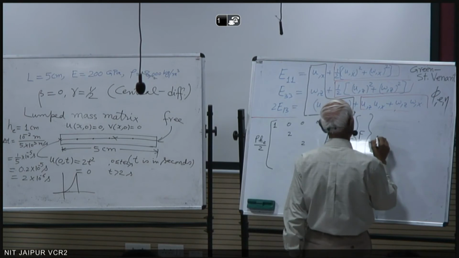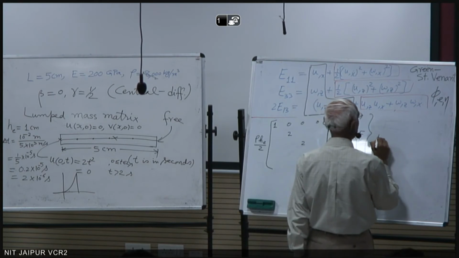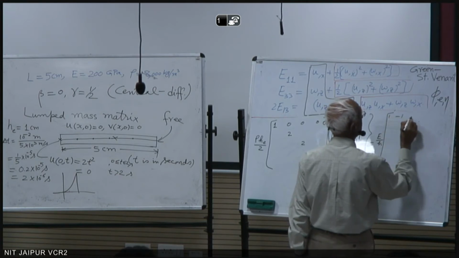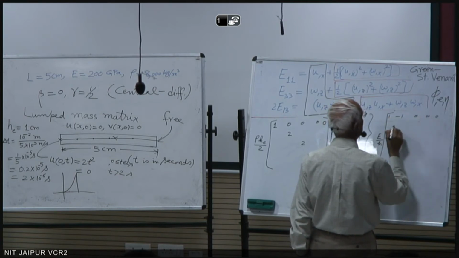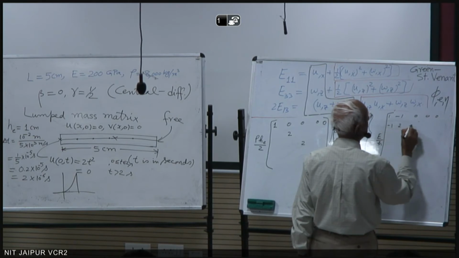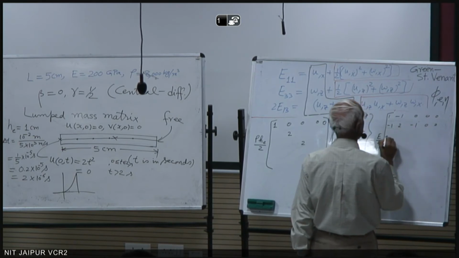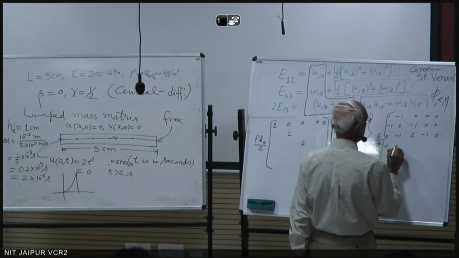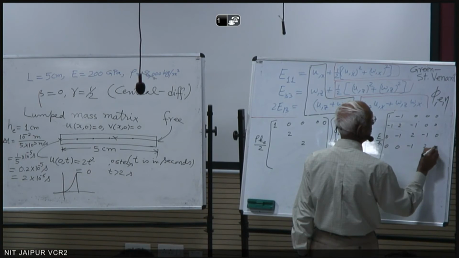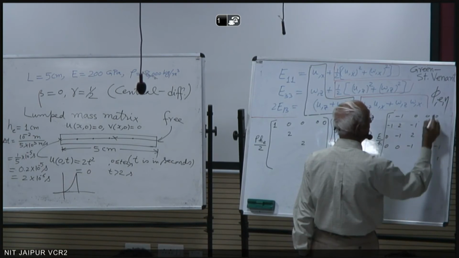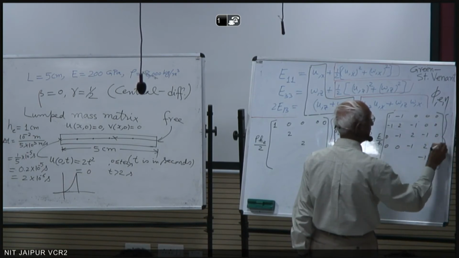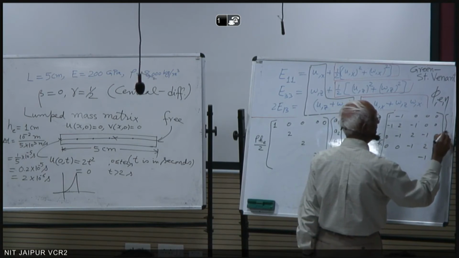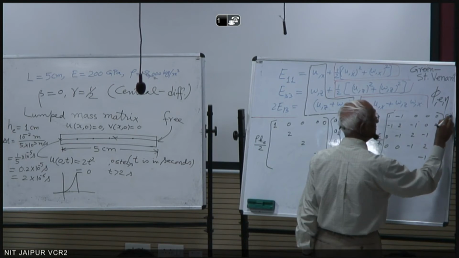minus K, and K is E over H times the matrix: 1, minus 1, 0, 0, 0; minus 1, 2, minus 1, 0, 0; 0, minus 1, 2, minus 1, 0; 0, 0, minus 1, 2, minus 1; and the last row minus 1, 1. Times Dn plus Dn tilde.